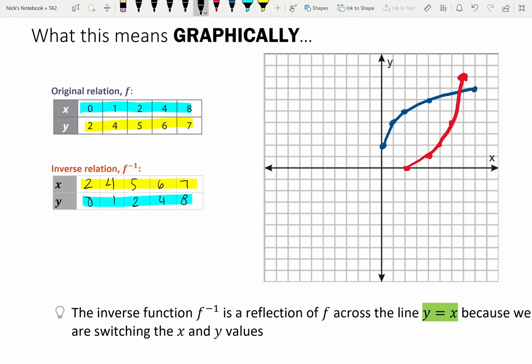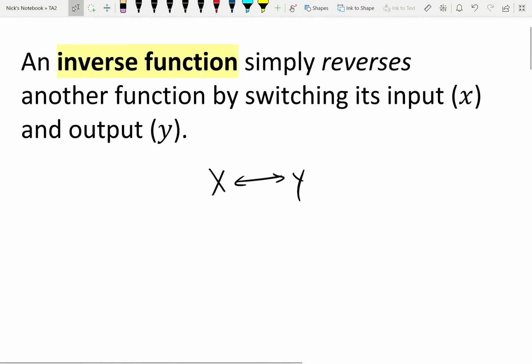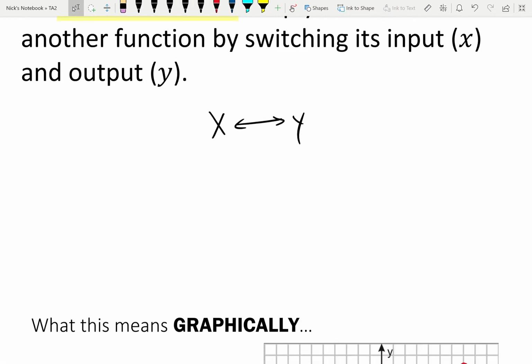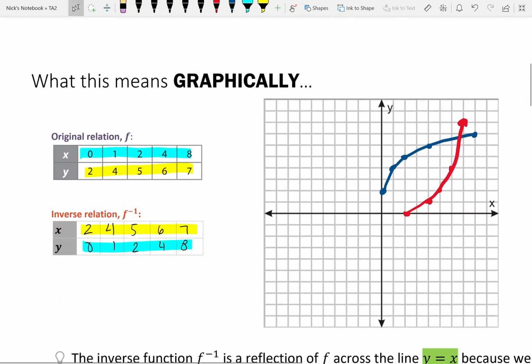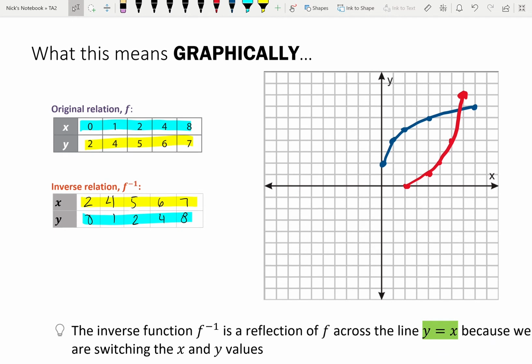So what we can visualize here is, when we switch the x and the y, what that really means is we are letting y equal x, okay? So when we graph the line y equals x, it is just that line right here. Okay, it's that kind of 45-degree line that splits that graph in half. And what you'll see is that blue graph, the original relation, just reflects and creates the red graph, that inverse relation.